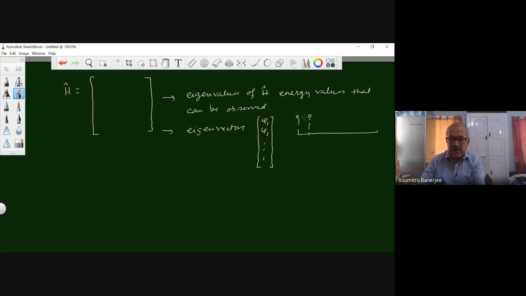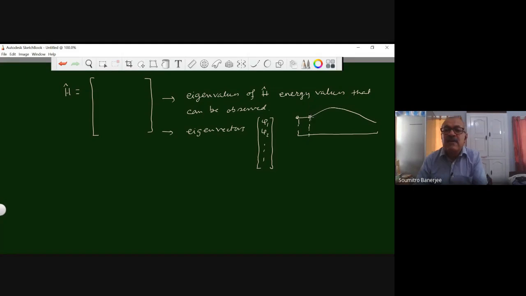These are complex numbers, but I'm just illustrating how this is to be done. So ultimately, joining them, you get a function. That will then be the eigenfunction. This way, you will obtain the different eigenvectors. The ground state eigenfunction will come like this, the first excited state eigenfunction will come like that, and so on and so forth. You know that you have already done that. This can also be obtained from these eigenvectors.